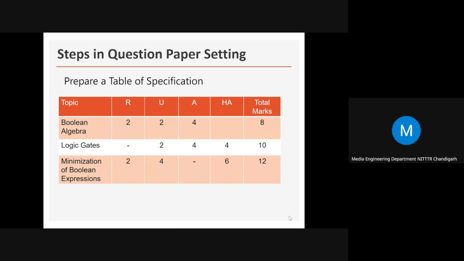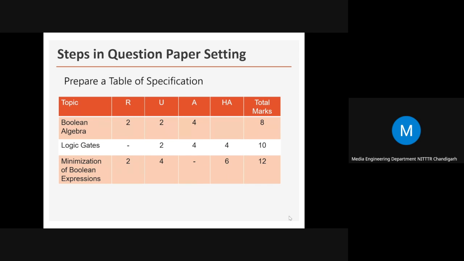So this table of specification should be designed, based on the learning outcomes, the depth of the coverage, and the importance of that topic in the upcoming years. We need to decide these weightages for various Bloom's taxonomy levels. You can see here that R stands for remembering, U for understanding, A is applying, and H is higher than applying.